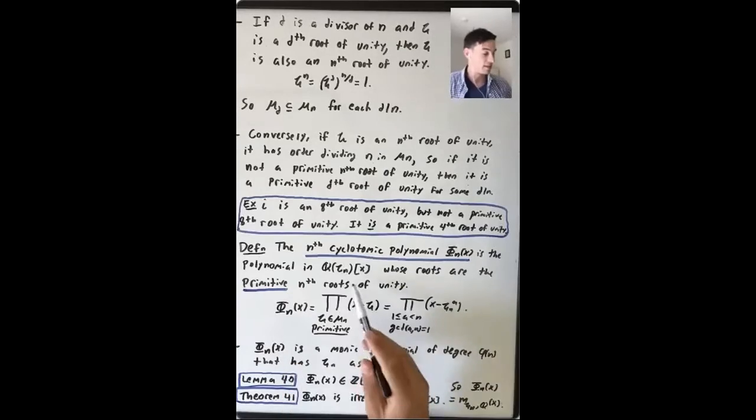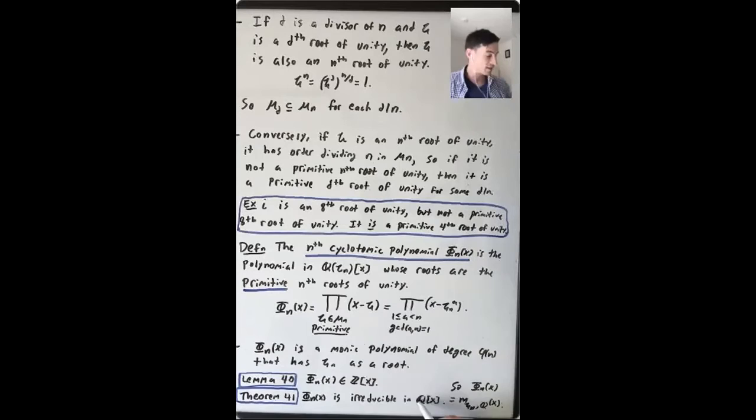And then, okay, so this is now a polynomial in Q bracket x that is monic of degree phi of n. What else do we need? Oh, that has zeta n as a root. What else do we need in order to say that it's the minimal polynomial of zeta n? We need it to be irreducible in Q bracket x. So we're going to show, this is lemma 40, then theorem 41, that the nth cyclotomic polynomial is irreducible in Q bracket x.